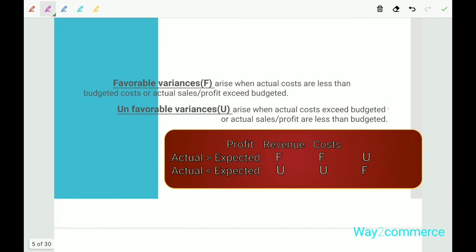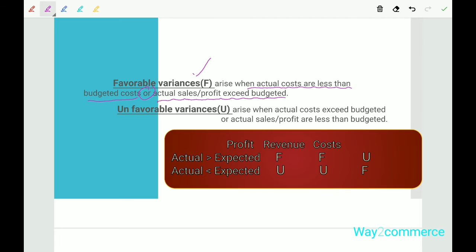Next, we have to know what is favorable variance and unfavorable variance. First of all, favorable variance: when actual costs are less than the budgeted cost, or actual sales or profit exceed budget.